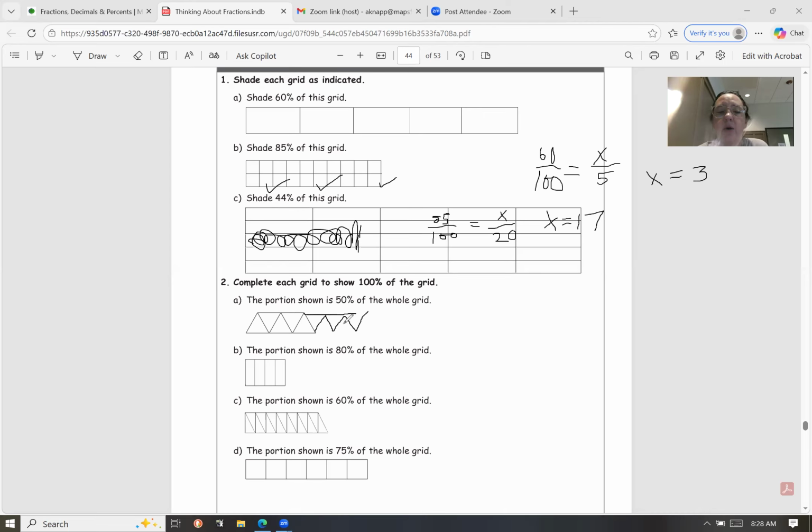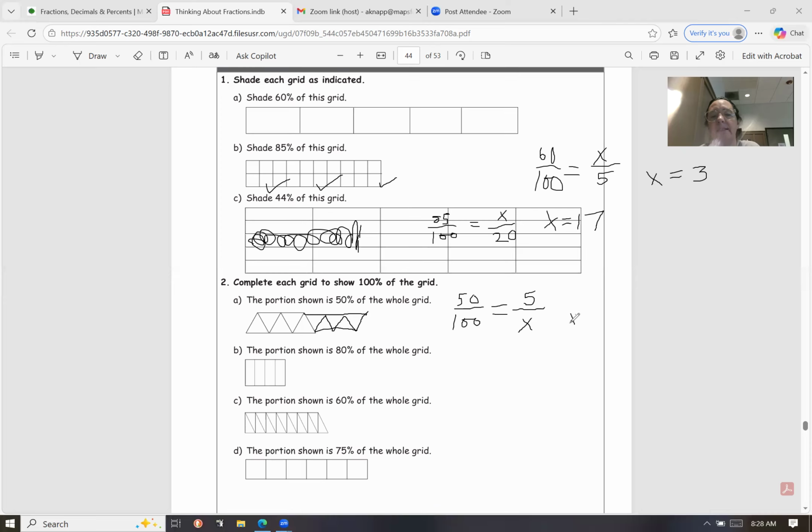Now again, you also could have used a proportion here. 50% can be written as 50 out of 100. And that would be the same as, and we were given 5 triangles, so it'd be 5 out of what? Then we can scale down our 50 out of 100. 50 divided by 10 is 5. 100 divided by 10 would be 10.